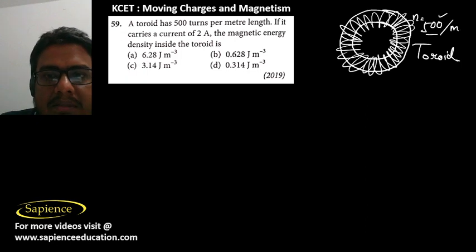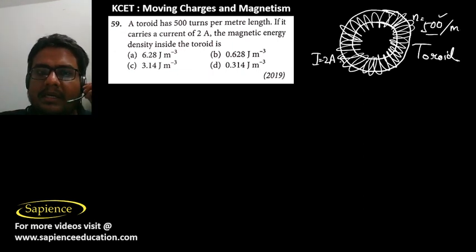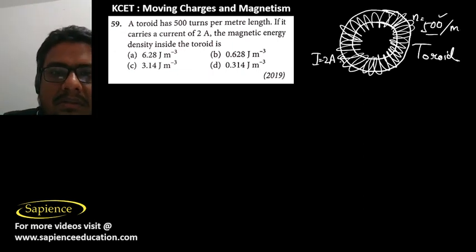If it carries a current I of 2 ampere, then the magnetic energy density inside the toroid is how much?